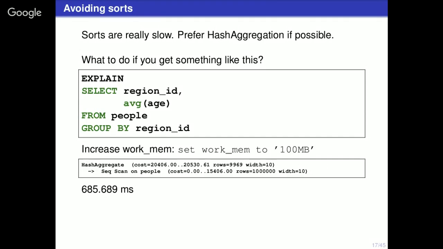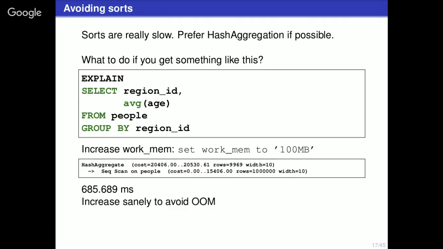Here we increase work memory, and the query uses hash aggregate. It's much faster, but don't increase it too much. Consult your DBA, or if it happens you're a DBA, then have a look at your max connections and the memory size on your box.